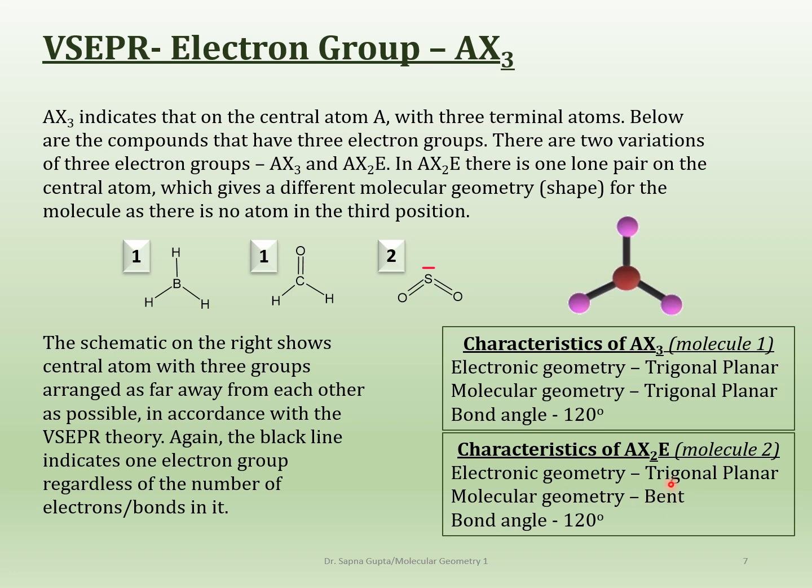Molecular geometry depends literally on how many atoms there are, so that's going to matter a lot for us. And let me not confuse you, molecular geometry is dependent on electronic geometry also because you need to know how many electron groups there are. But what I'm trying to say is that the bond angle is derived from electron geometry, which is the number of electron groups you have on the central atom.